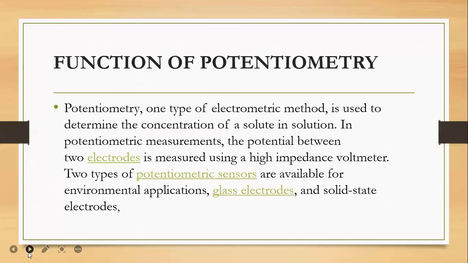Two types of potentiometric sensors are available for environmental applications: glass electrodes and solid state electrodes. So that is to determine the concentration of the solution. Kaya ang two electrodes, yun ang nagme-measure, which is the reference and indicator electrodes.